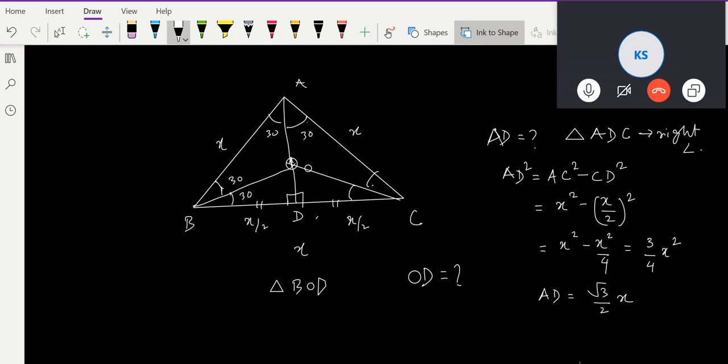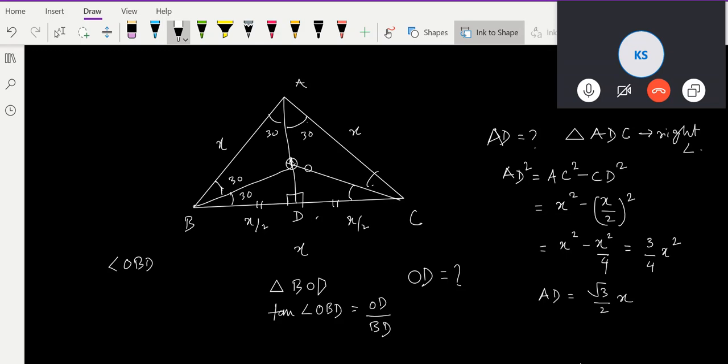Right. Okay. In triangle BOD, tan of angle OBD can be written as OD by BD. Can I do this? Yeah. What is the measure of angle OBD? It would be 60 degrees.